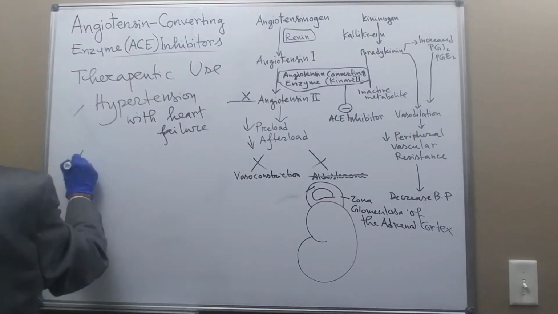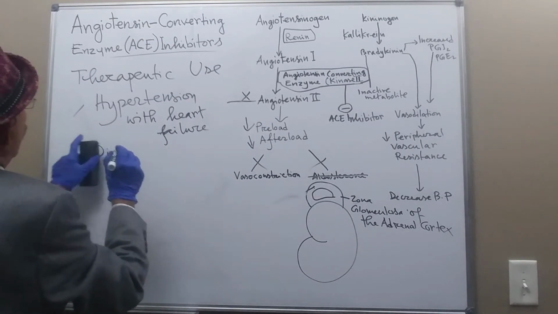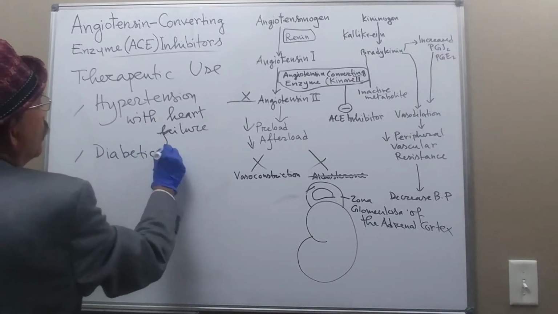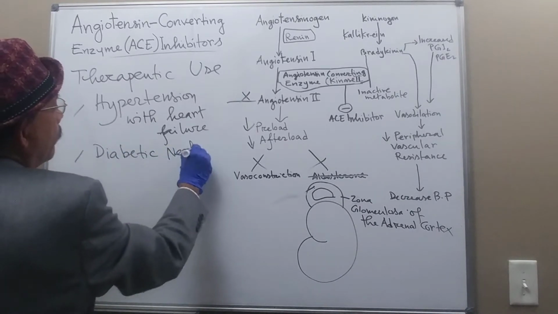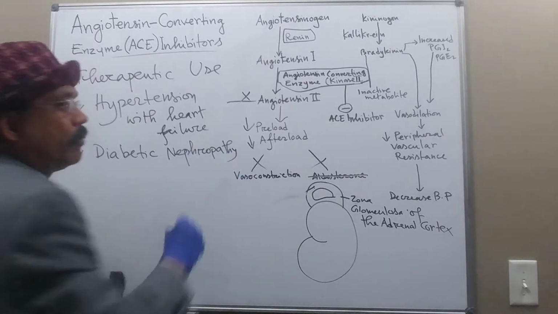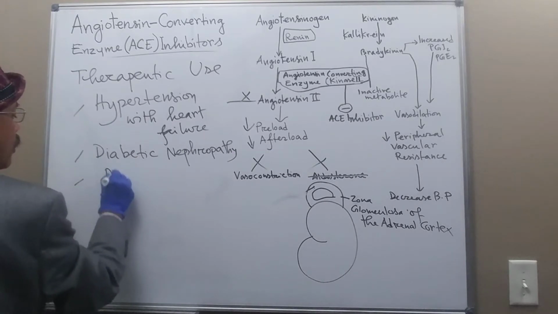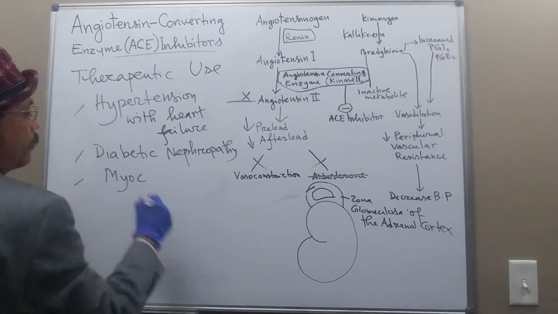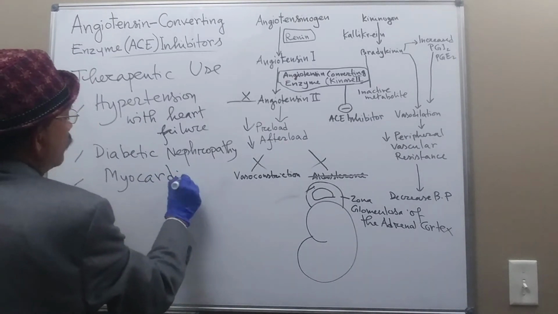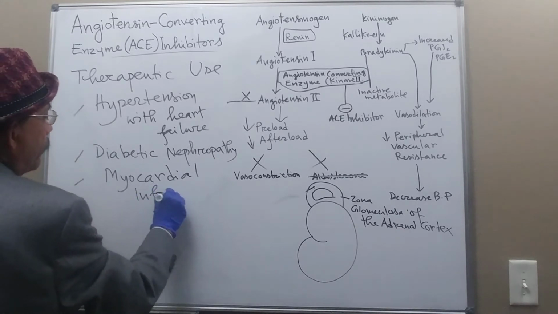Okay, it is a drug for diabetic nephropathy. This is a very good drug. It can also be used after myocardial infarction. Usually 24 hours later, it is started to manage a patient with myocardial infarction.